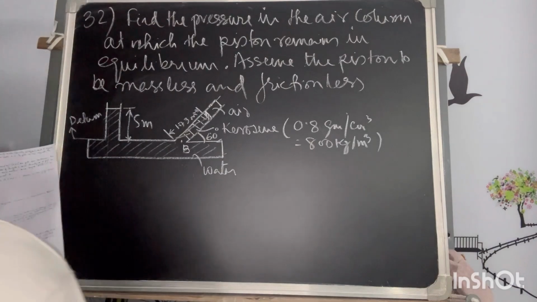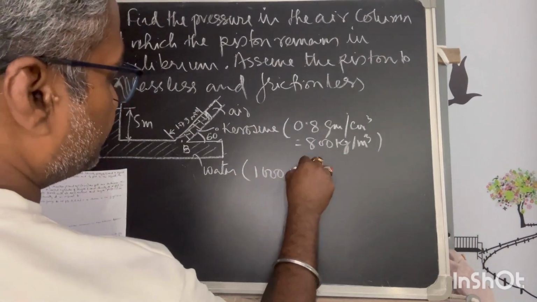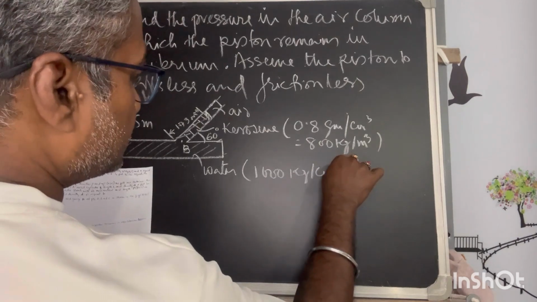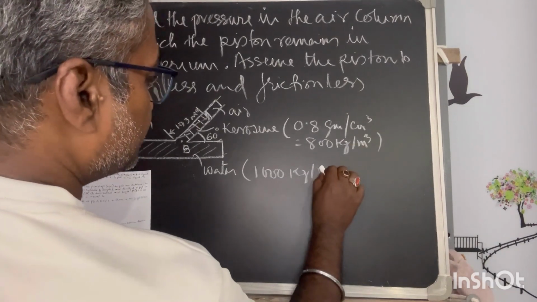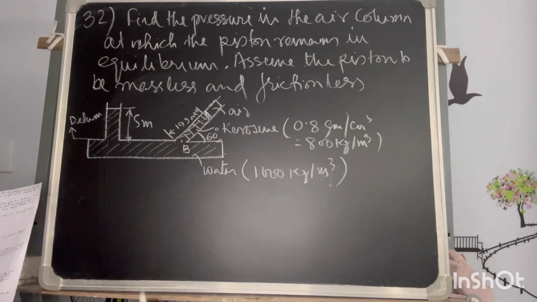This is standard, whereas water in the same SI unit is 1000 kg per meter cube. These are all standard, you need not vary.